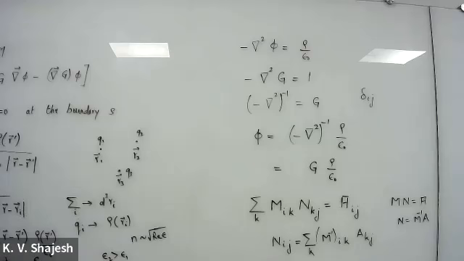That seems to be a complicated equation. No, it's not, because I can do one more thing: this is equal to minus del square of A plus del of del dot A. That's an identity.